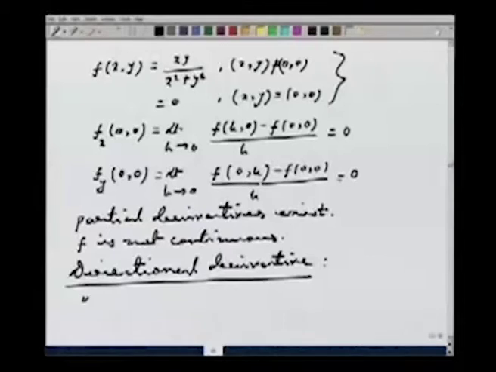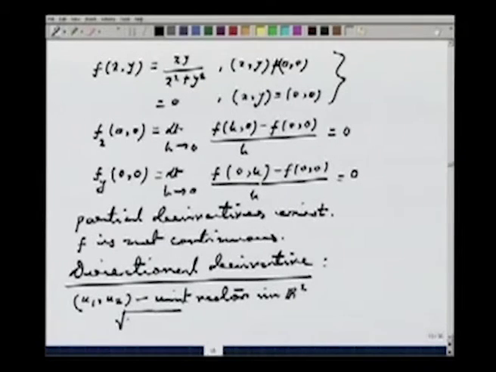The directional derivative means you specify in which direction you give the increment. So we start with a unit vector, let us say (u1, u2) in R2. That is, the norm of this is 1: square root of u1 square plus u2 square is equal to 1.